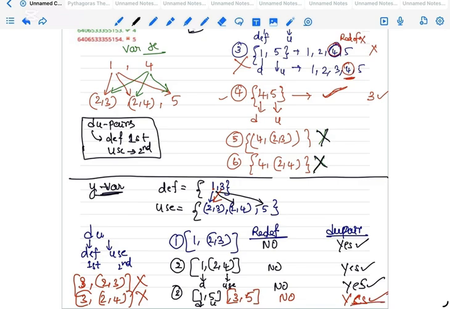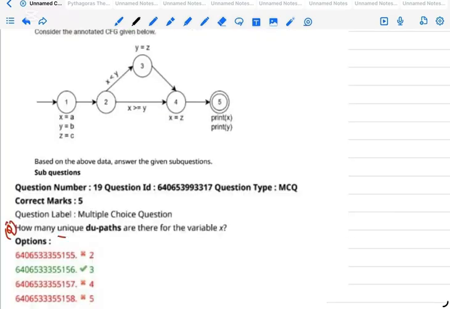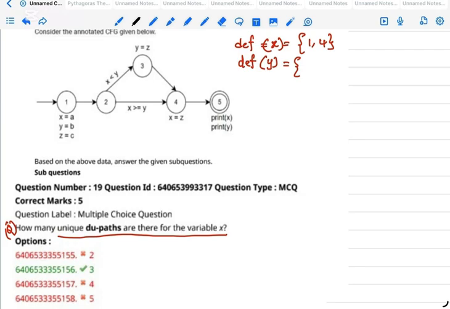For the variable y, the number of du-pairs is 4. So how many du paths are there for the variable x? From the previous question, definition of x is at node 1 and node 4, and definition of y is at node 1 and 3.